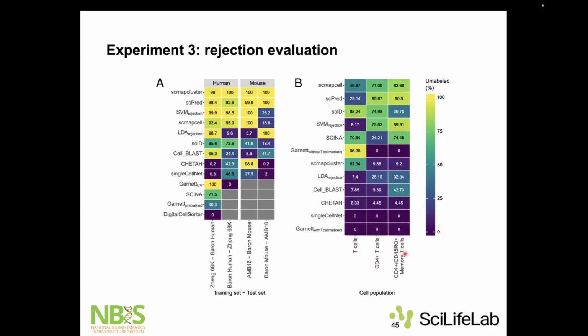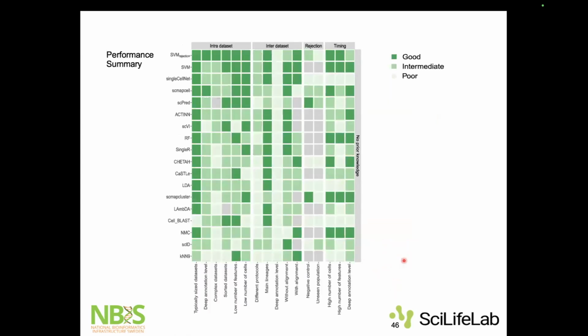They also went into subgroups to see if fine-tuning would help get higher rejection, but that wasn't the case here. So now we know that rejection is very difficult for the classifiers to do.